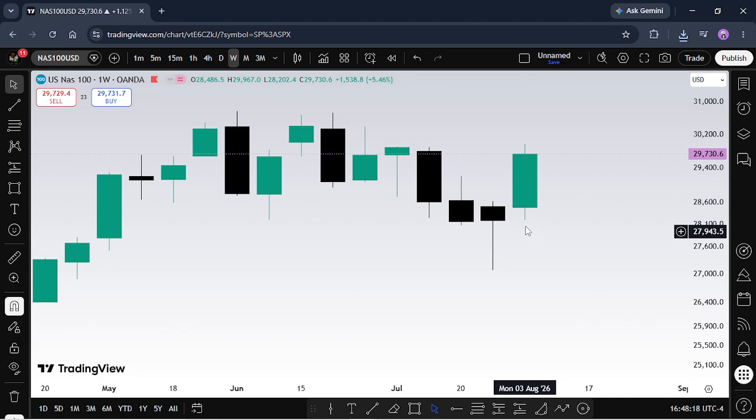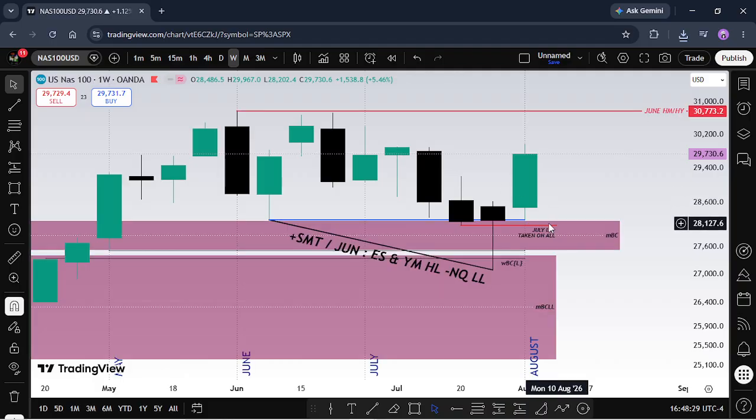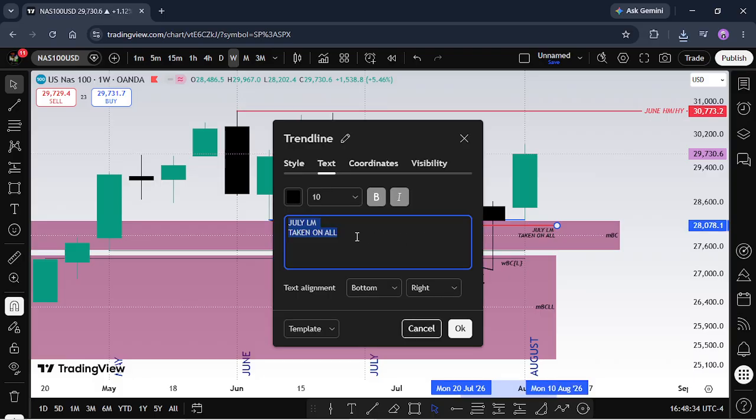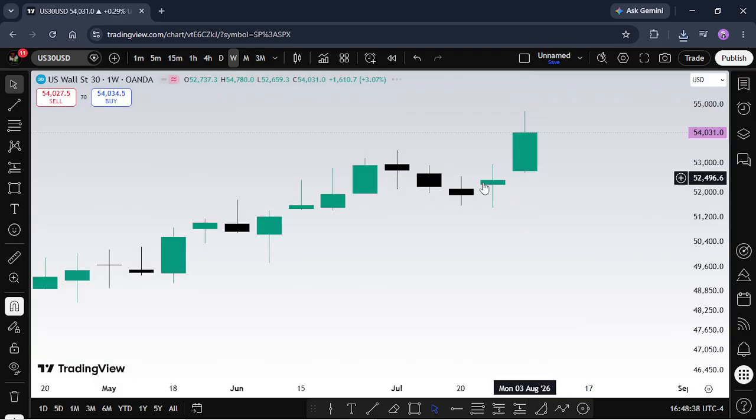We're going to copy the text that we wrote on this low, and then I'll paste it on YM as well. So Control C. C means copy, right, on the keyboard. Okay, so that one was black.